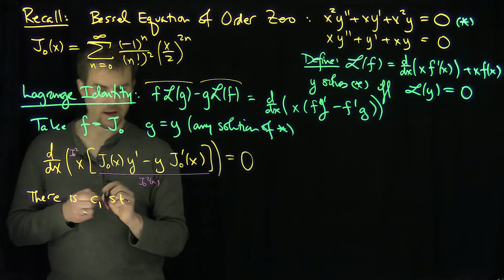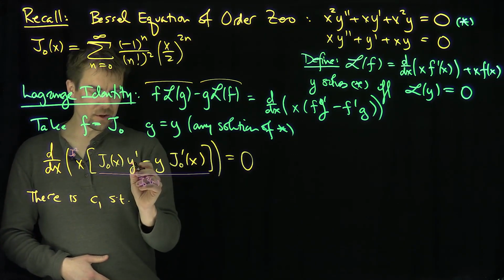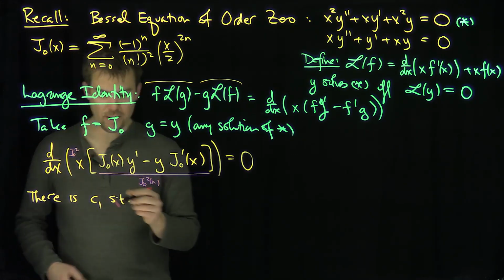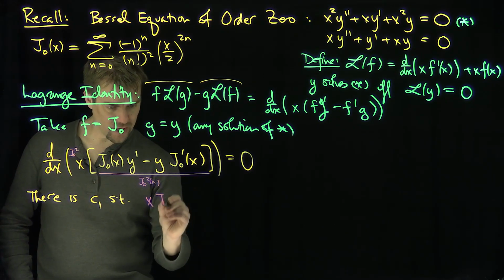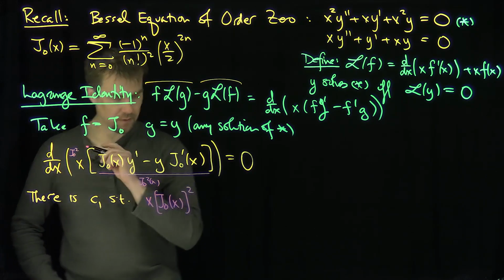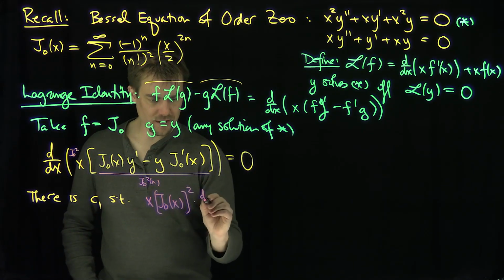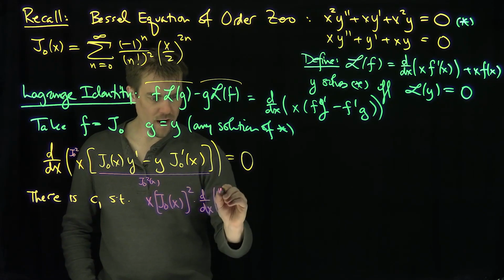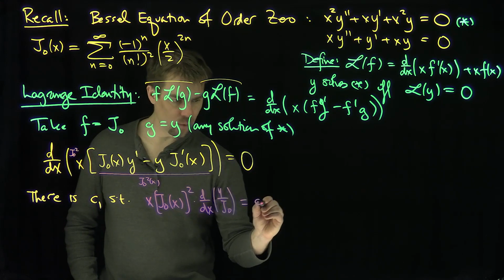And of course, that's going to be the derivative of y over J0, such that x J0 of x quantity squared times this derivative, d by dx of y over J0, is a constant c1.